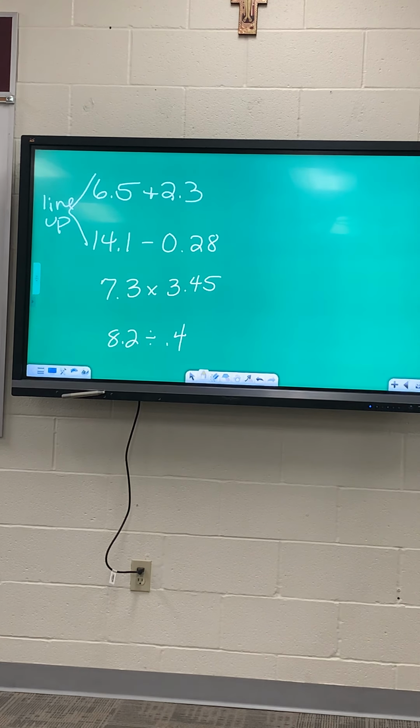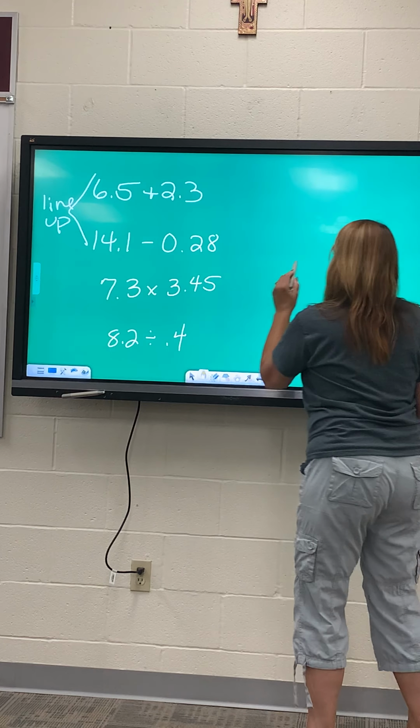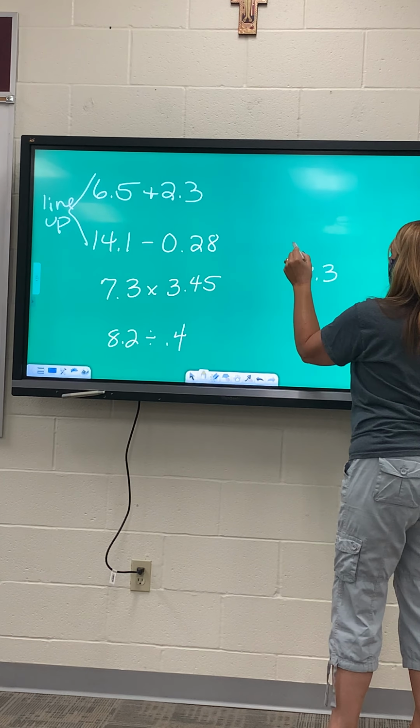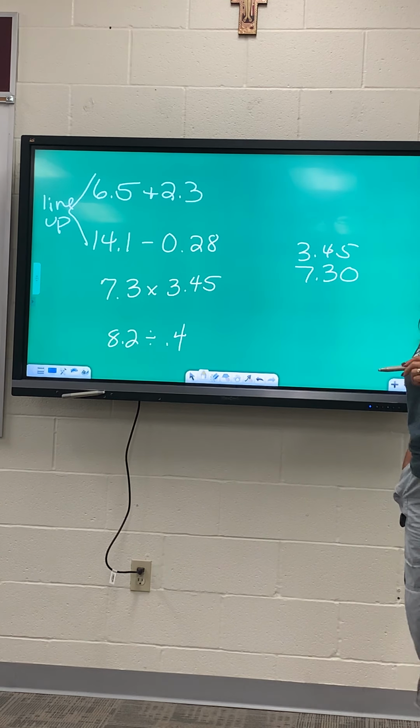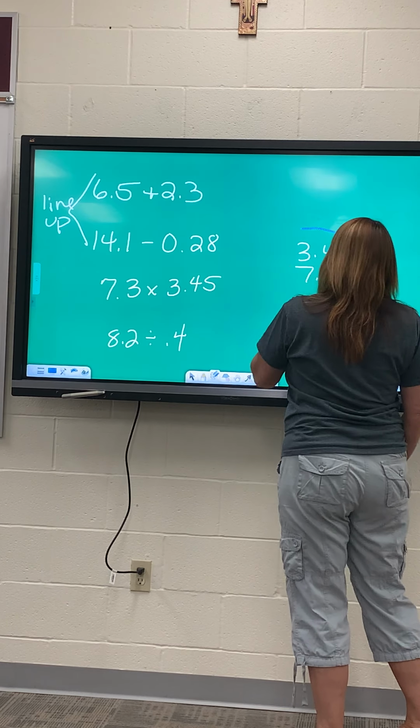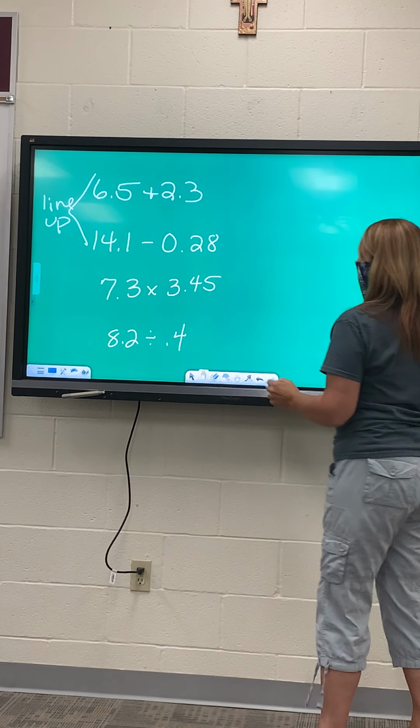So notice that the bottom two don't have to be lined up. So for those of you who would do this problem and say 7.3 times 3.45, line them up and add a 0 and do all those extra rows of zeros, that is not necessary. Remember that.